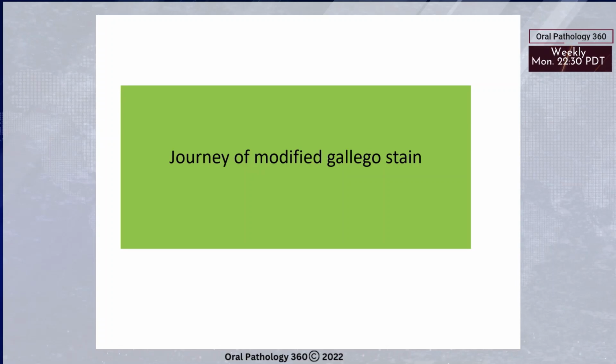So two PGs came up with an article which was Gallego stain, and it was on some stain for hard tissues. So we tried staining and we got wonderful results. So this is how we started modified Gallego stain.